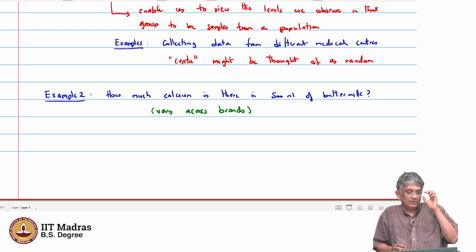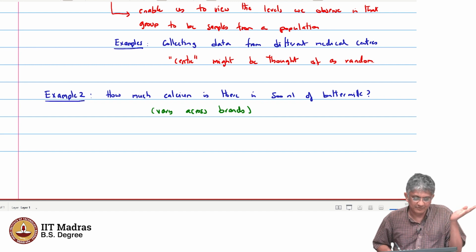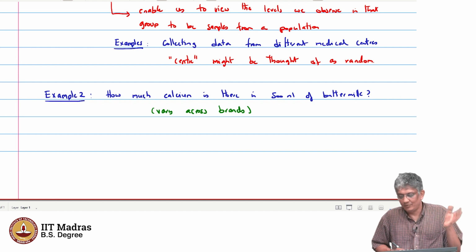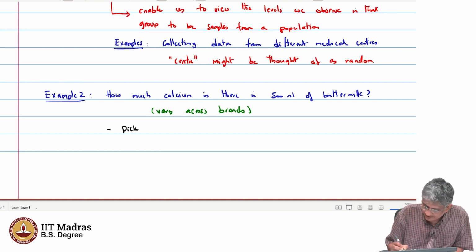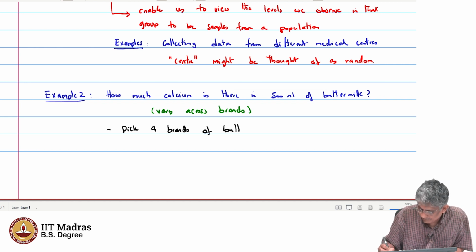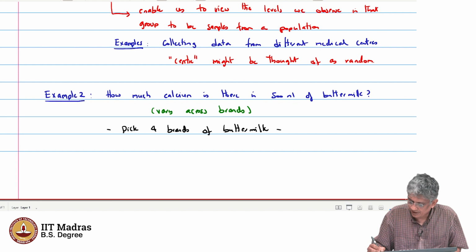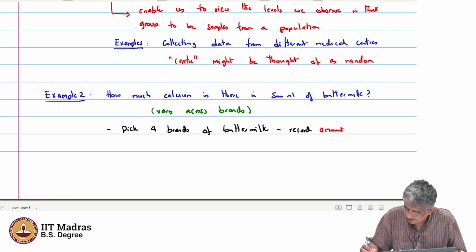What you do is you pick, let's say, 4 brands of buttermilk, and you record the amount of calcium in, let's say, a 500 ml packet.